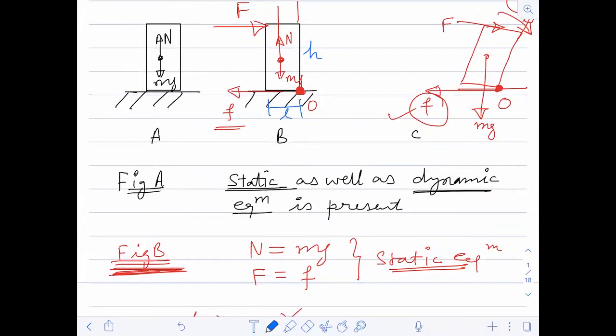What will be the torque due to F? I want the torque due to F. I still didn't get any answer.